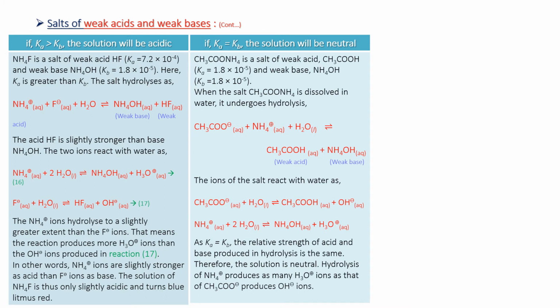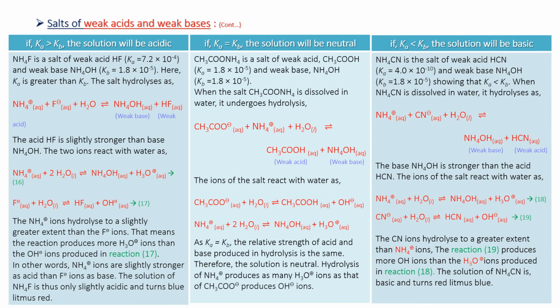And hydrolysis of NH4 plus produces as many H3O plus ions as the acetate ion produces OH minus ions. Means in this case your H3O plus and OH minus ion concentrations are both equal. So that's why your solution becomes neutral.